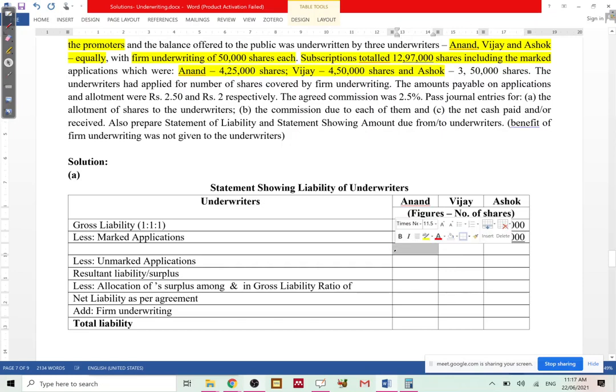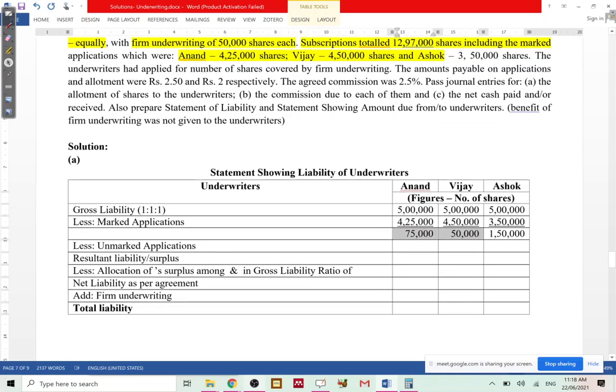Done. So after minusing, let's see the balance. Later on we will go to unmarked calculation. 75,000, 50,000, 1,50,000. Is this clear? Right? So this is the balance so far. This is the liability so far.